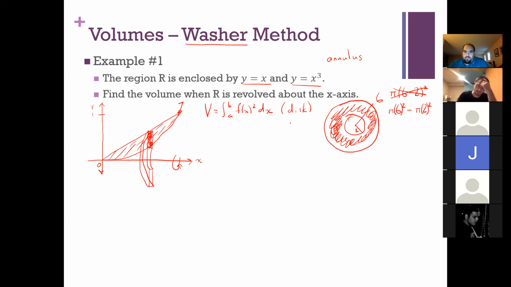Would it be f of x squared minus g of x squared? Let's take a look. And I've left off something important, which I did not mean to do. What have I left off of both of these? Pi.